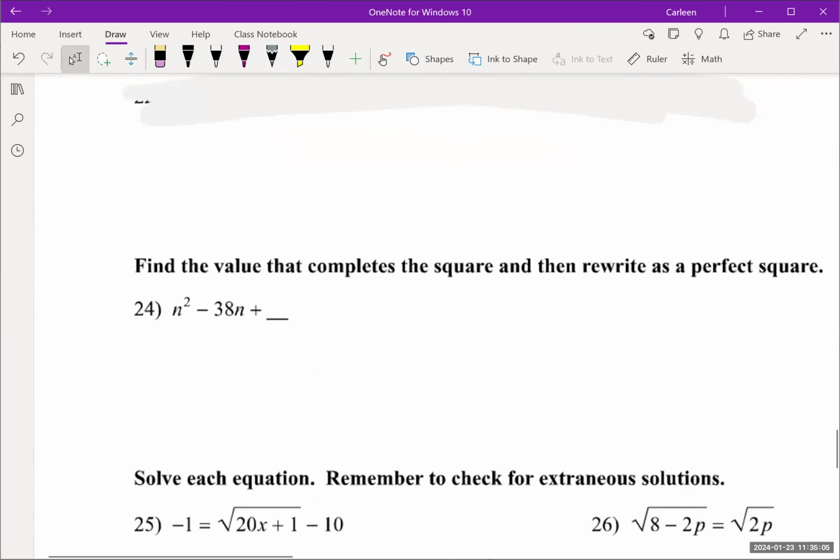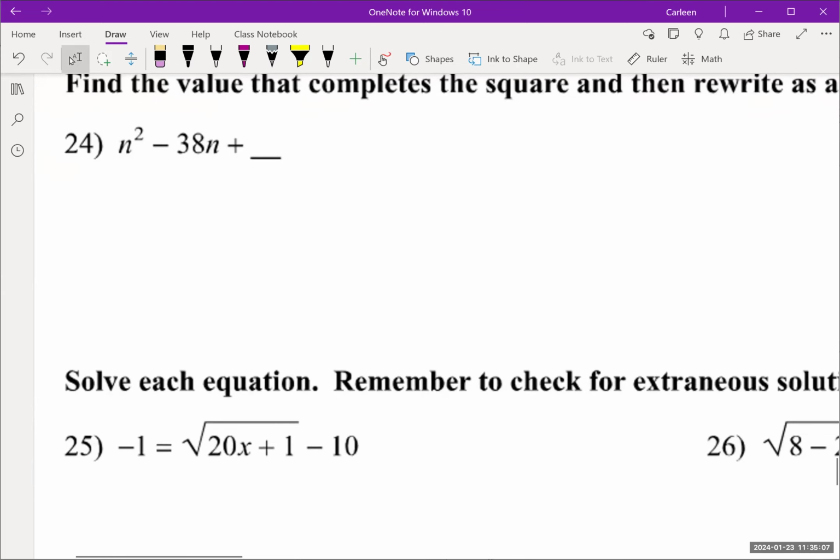Okay, 24. Okay, so practice one more time, completing the square. And notice that's a minus.